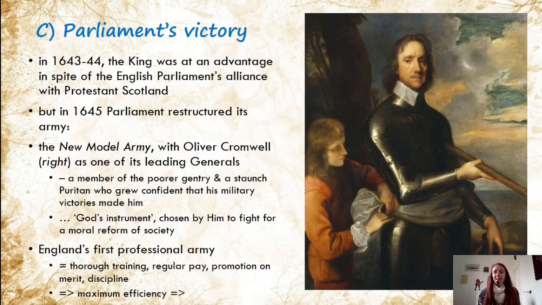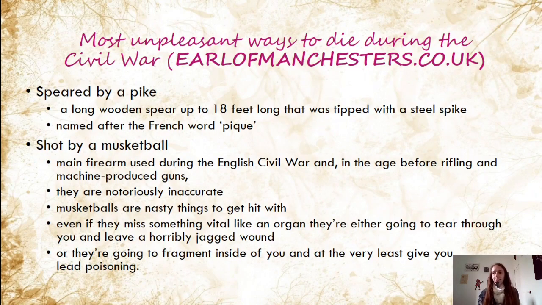This was basically England's first professional army with proper training, with salaries, regular pay, so to speak, and the promotion of soldiers based on merit. There was also discipline that was enforced, so maximum efficiency for this New Model Army.